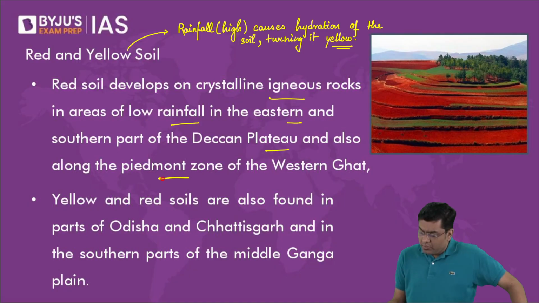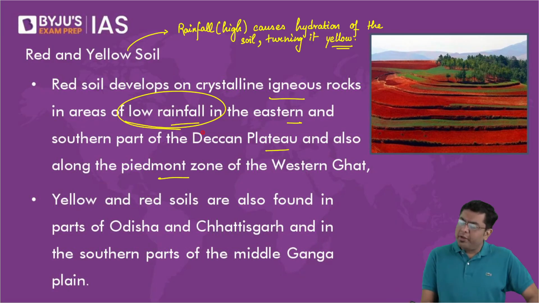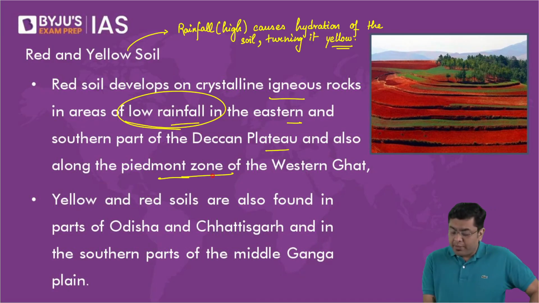You told less amount of rainfall is red soil. Yes, that is true. Areas of low rainfall is where you have the red soil. And here the Piedmont zone that we are talking about, we are talking about the leeward side.